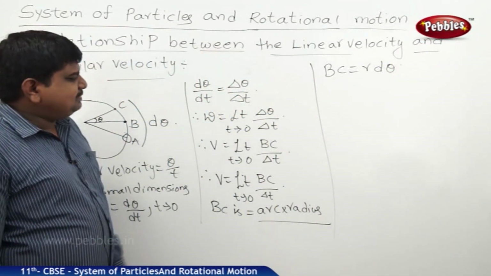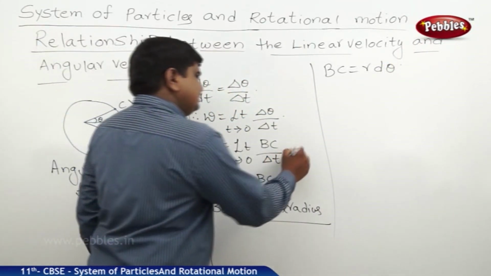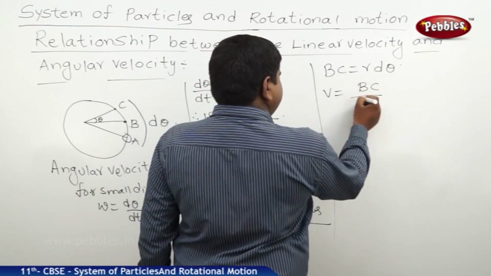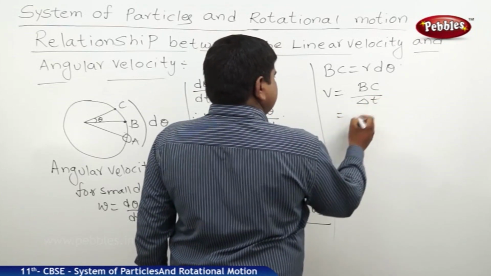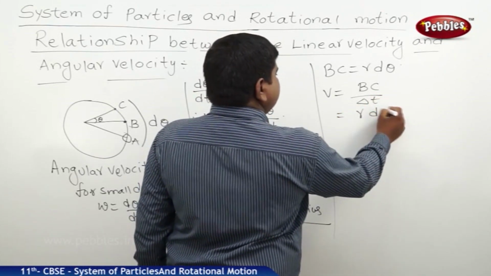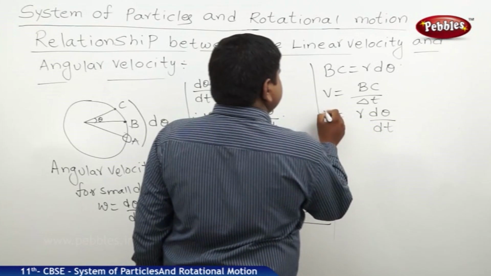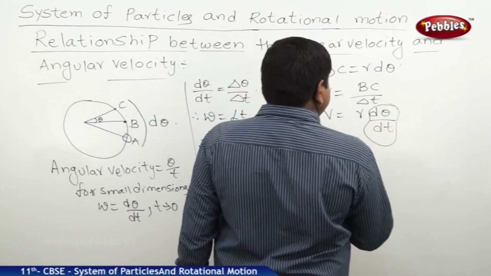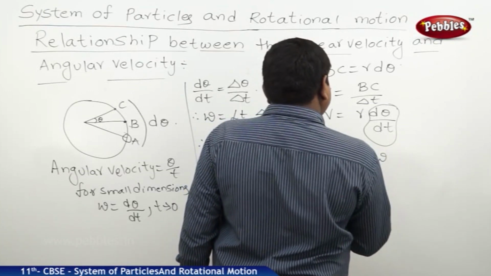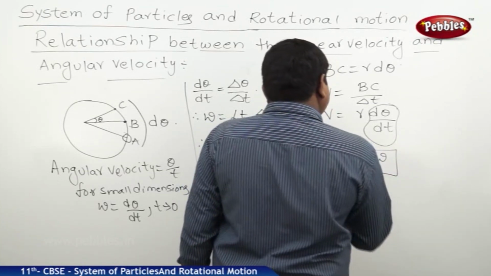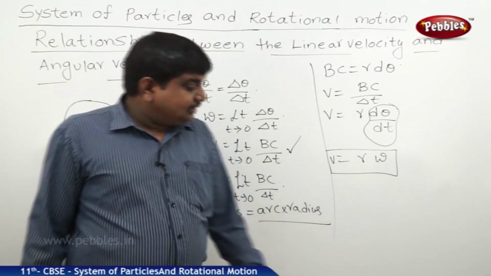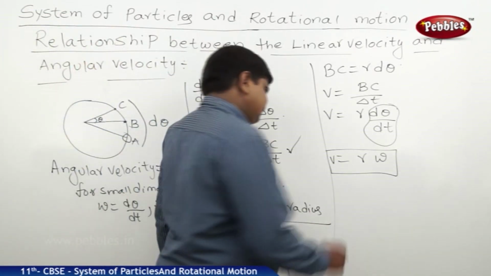Now substituting this BC value in the equation, V is equal to BC by delta t, so r into d theta by dt is equal to V. And here d theta by dt is omega. So V is equal to r omega. Linear velocity is equal to radius into angular velocity.